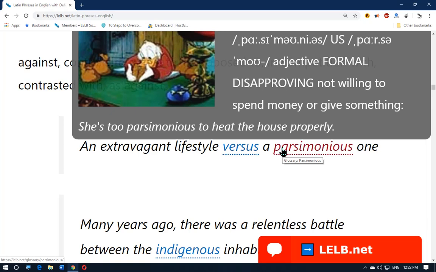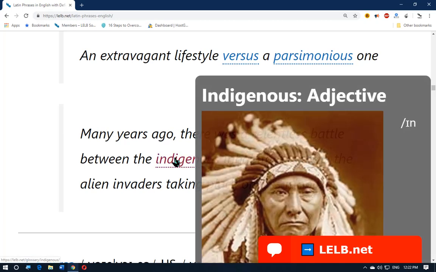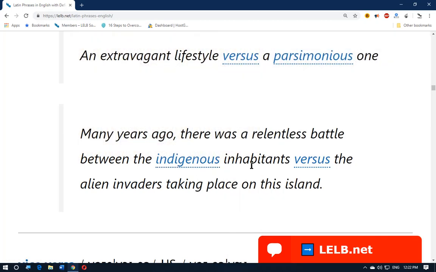Miserly, or you could say frugal. Many years ago, there was a relentless battle between the indigenous inhabitants versus the alien invaders taking place on this island. Indigenous means native people to a particular place. Alien means a stranger.